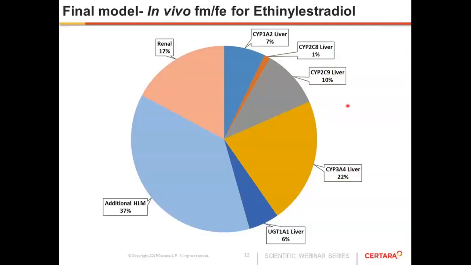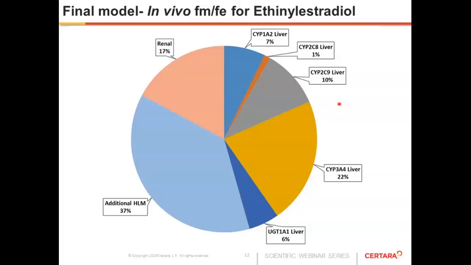Although we did not consider it in this simulation, we know that for an individual that does not express either of these enzymes, you're expecting lower clearance due to these pathways. But because the FM for these particular pathways are quite small, it wasn't something that we evaluated any further.